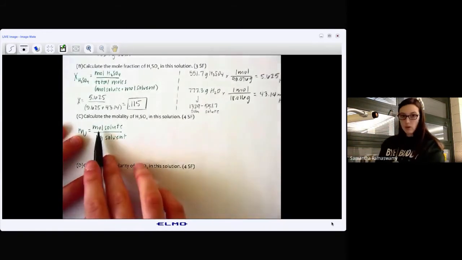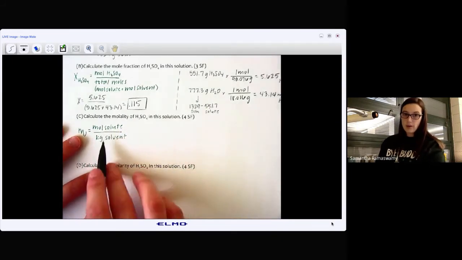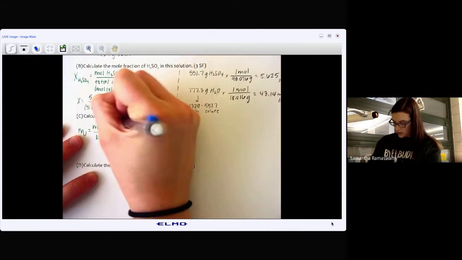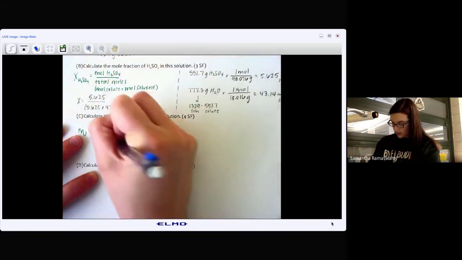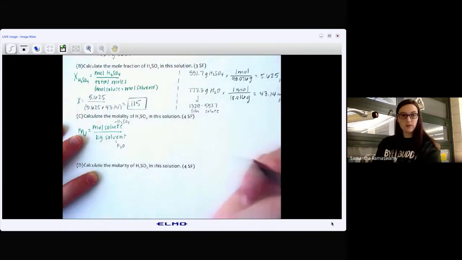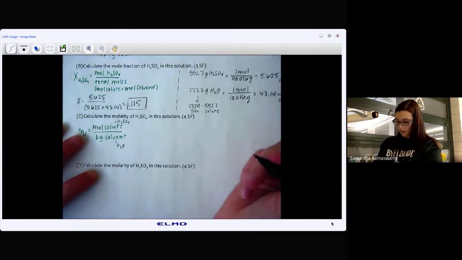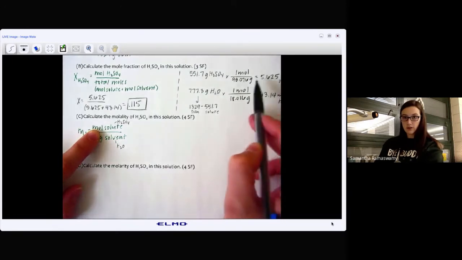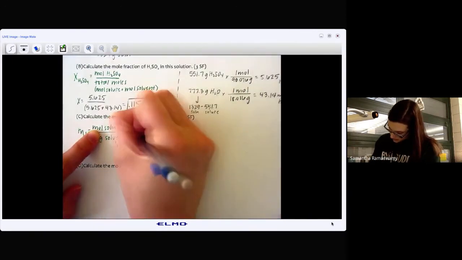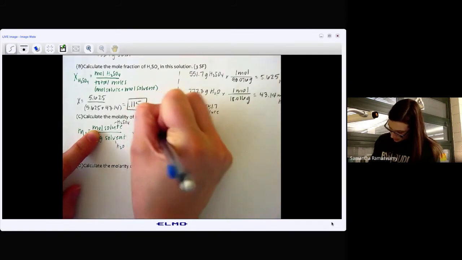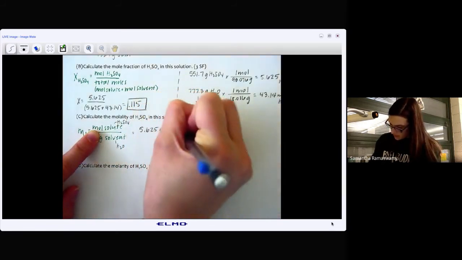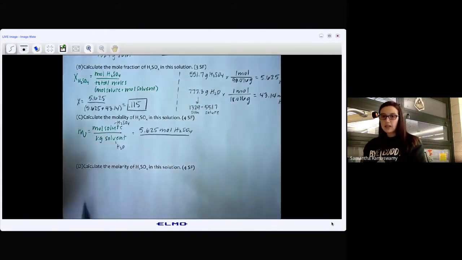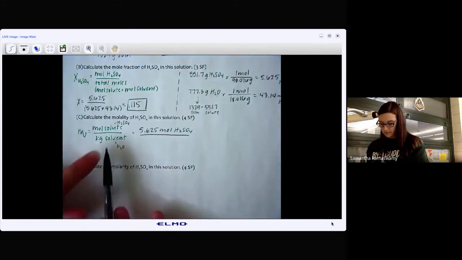So for part C, that means I need moles of H2SO4 on the top, kilograms of solvent on the bottom. So solute is H2SO4, solvent is H2O. Moles of solute we've already calculated. We calculated H2SO4 over here. So 5.625 moles of H2SO4. Now I need kilograms of solvent on the bottom.